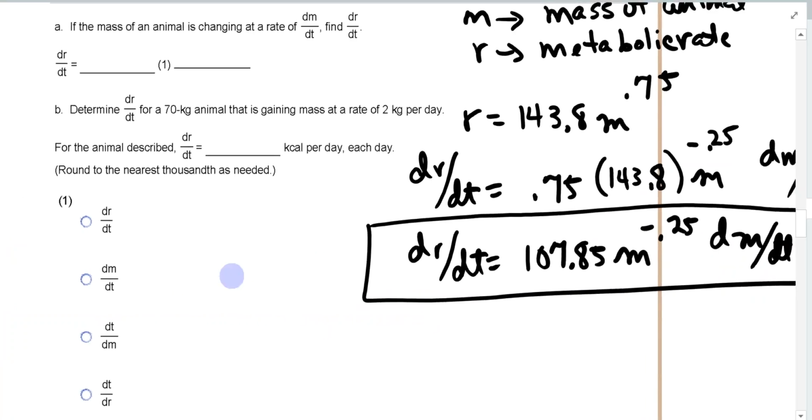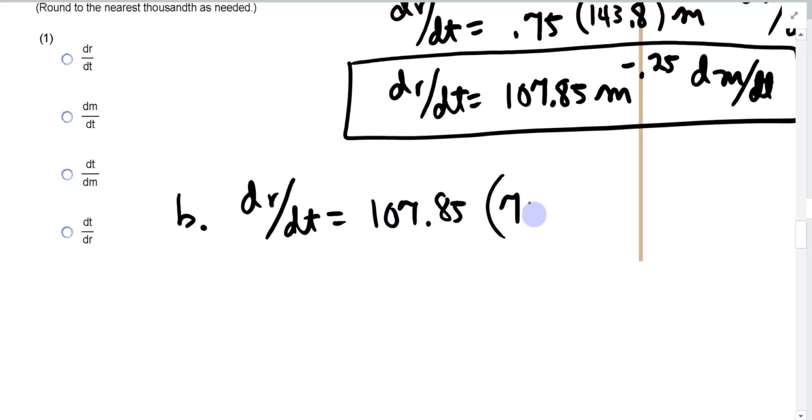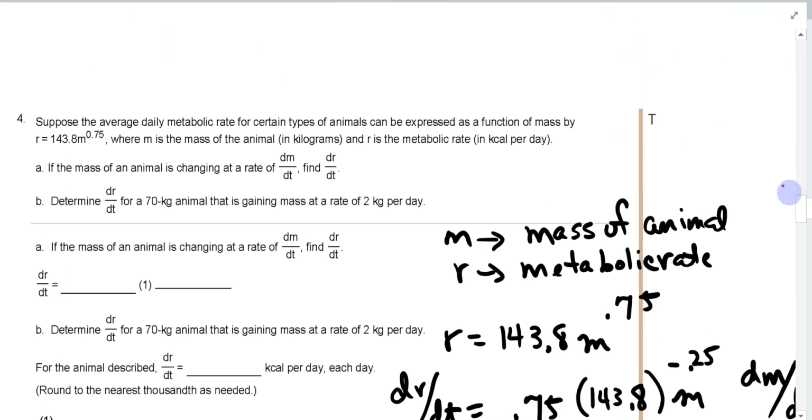All right. In B part, dR/dt equals 107.85 times a mass of 70 to the negative 0.25 times dm/dt of 2. Let's make sure we see. So they said 70 kilogram animal and a rate of 2.